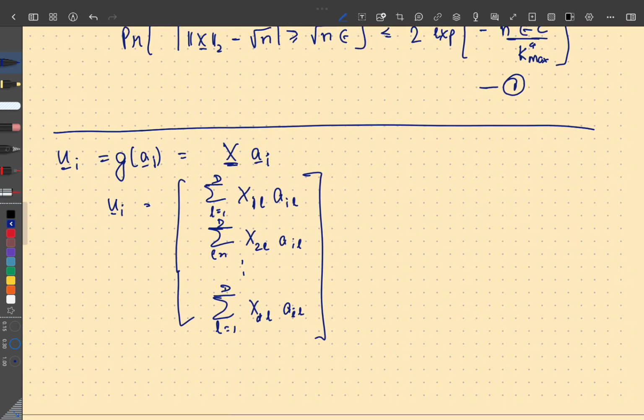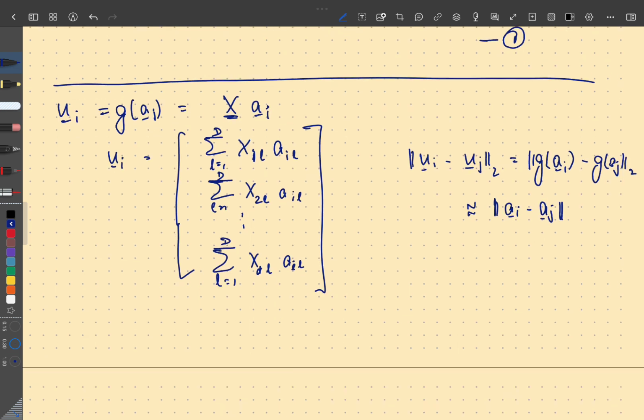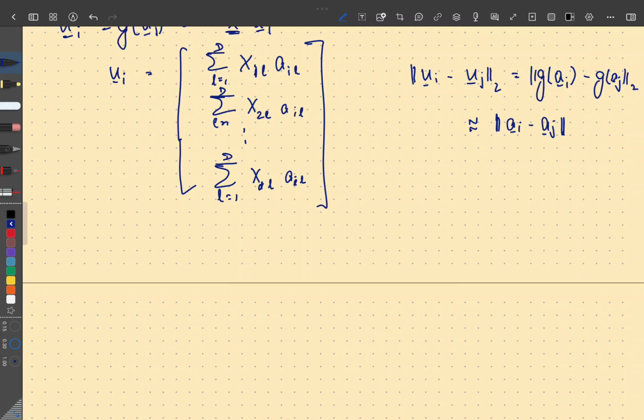Now what we want to ensure is that the norm of U_i minus U_j, which is nothing but the norm of G of A_i minus G of A_j, is approximately equal to the norm of A_i minus A_j.